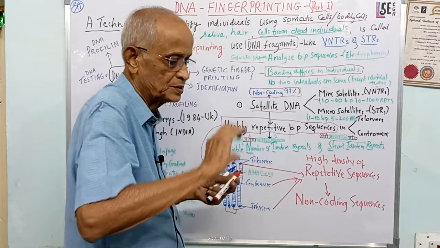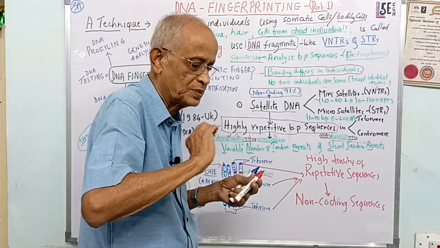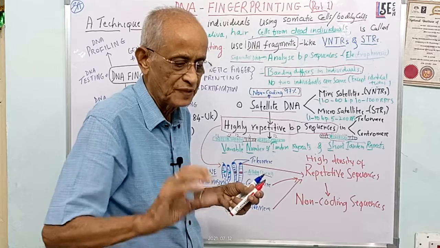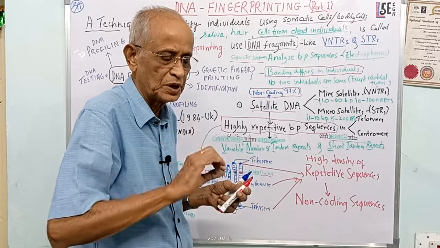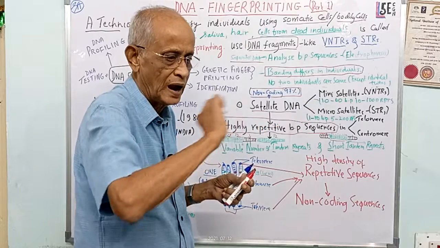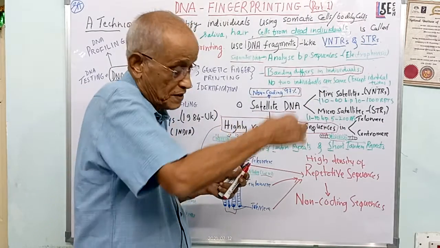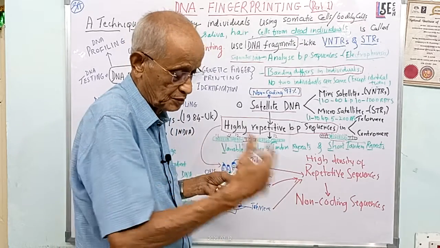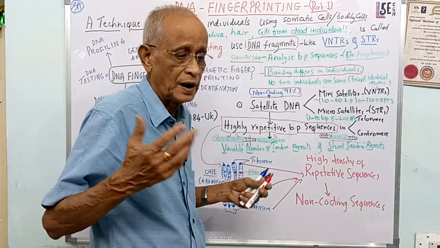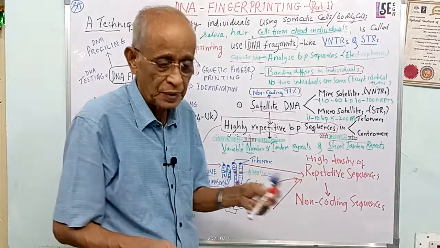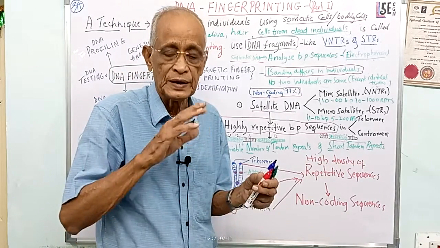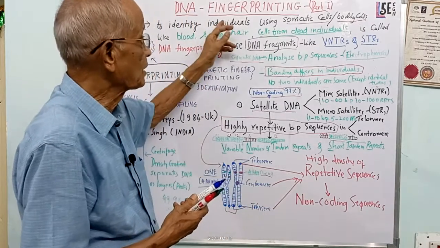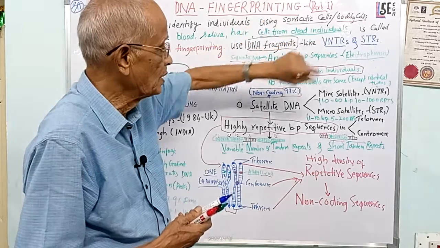When they subject the DNA material to different types of activities, finally they put it into a gel, and that will give bands, and those bands will be different patterns for different people. So if there are 100,000 people in one place, and you test them, there will be differences in each one of them, and that is what DNA fingerprinting will give us. So we will stop here.